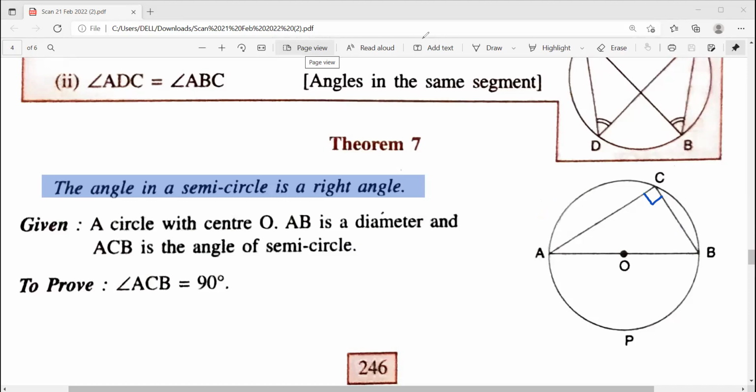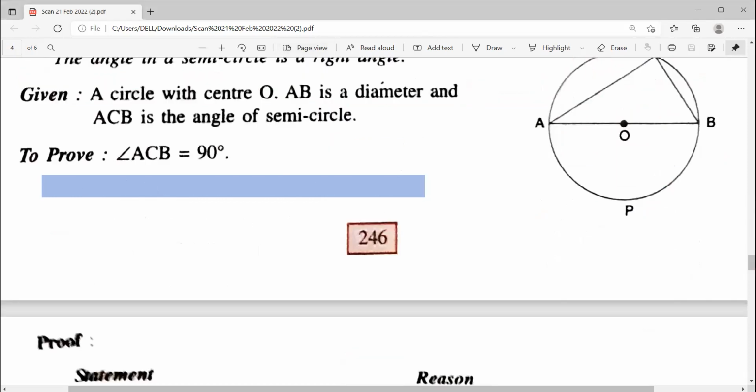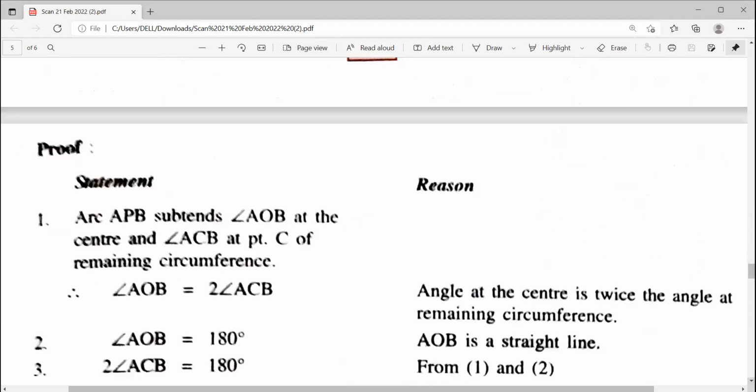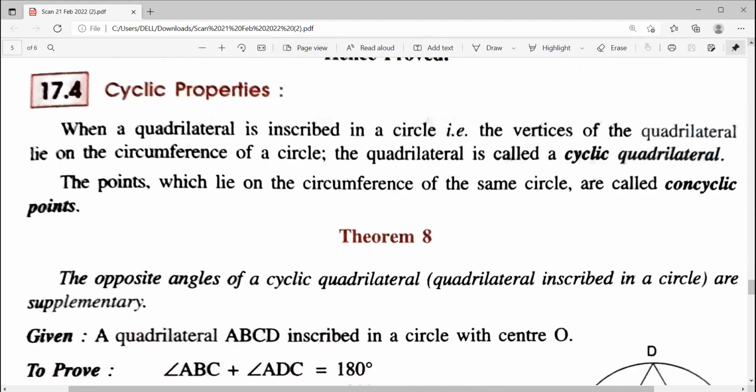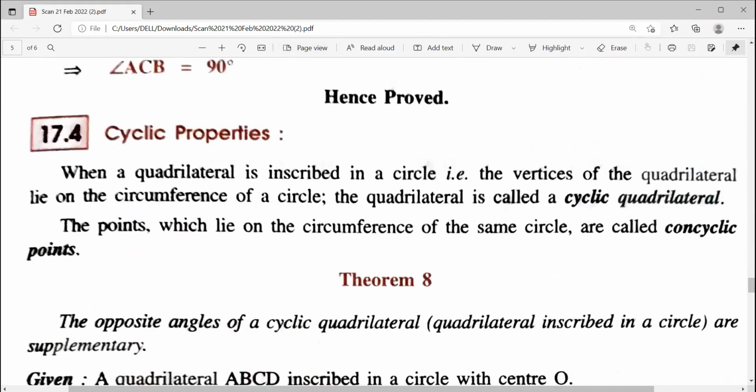Now we move to the next, cyclic properties of circle. Let us read this first.